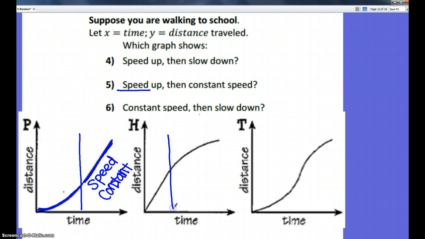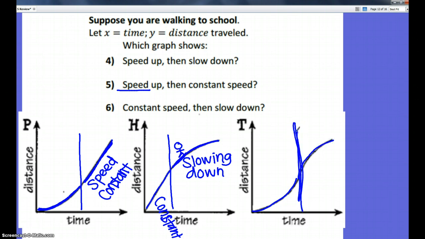Notice here, if we break it up, this first part, the speed is constant. And then here, at the beginning, it's harder to climb, and as you go, it gets easier and easier as you're climbing this hill. So that is slowing down. This next part, notice it's harder to climb, then it gets easier.